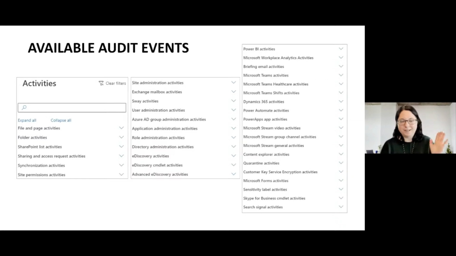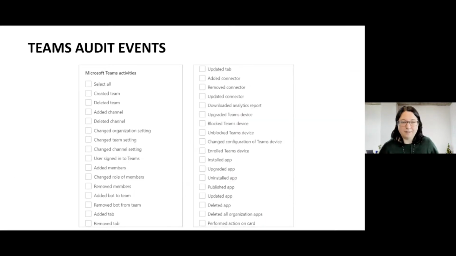If I expand each one of these categories, there's a lot of events under each one. In fact, if I look at what Teams activities are in the audit log, you can see these are all events available today. Now they're adding new events all the time. Like almost every week I see new stuff added.